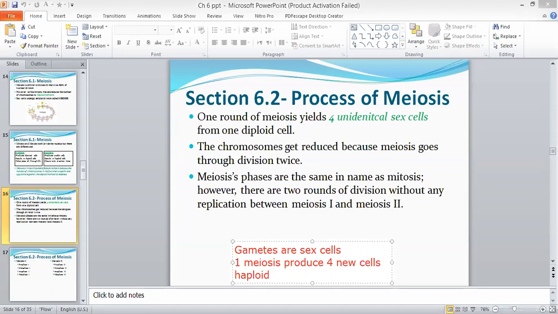Meiosis division aims to halve the number of chromosomes.